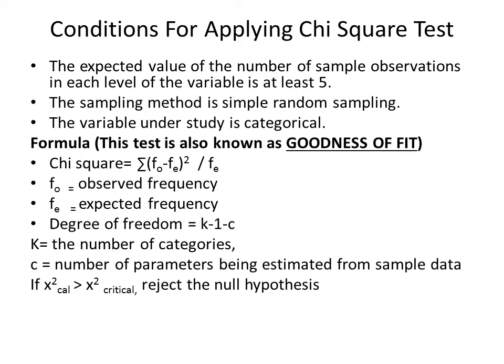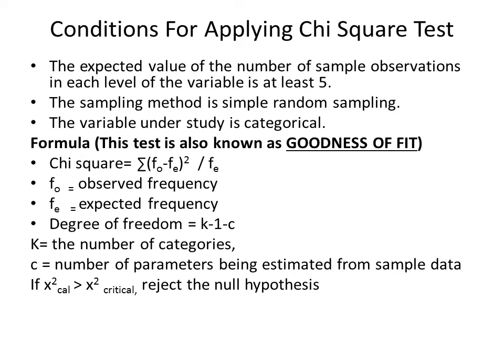If we have values less than 5, in that case our null hypothesis will be rejected again and again. So in order to reduce that error, we need to have expected values more than 5. Second condition is the sample should consist of at least 50 observations and should be drawn randomly from the population.